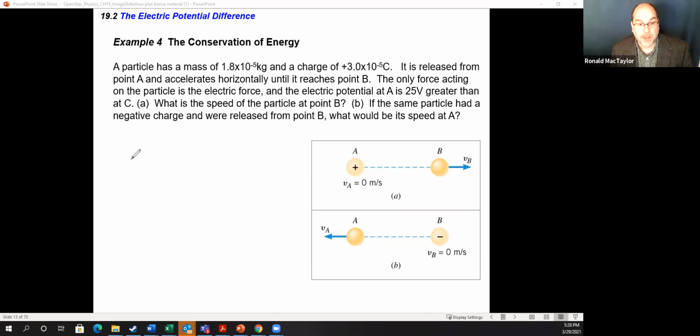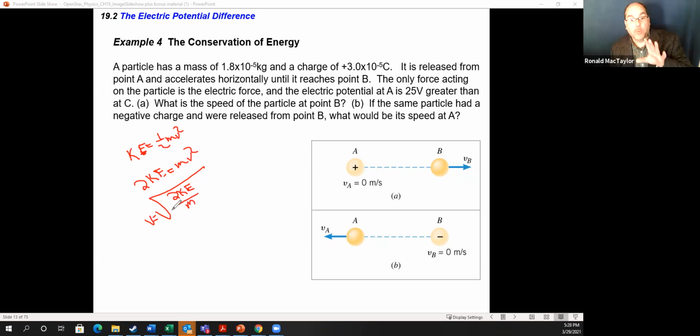So when we give it energy, kinetic energy, 1/2 mv squared, so 2KE equals mv squared. v equals the square root of 2KE divided by mass. So if we can figure out how much kinetic energy it has, we can figure out its velocity.